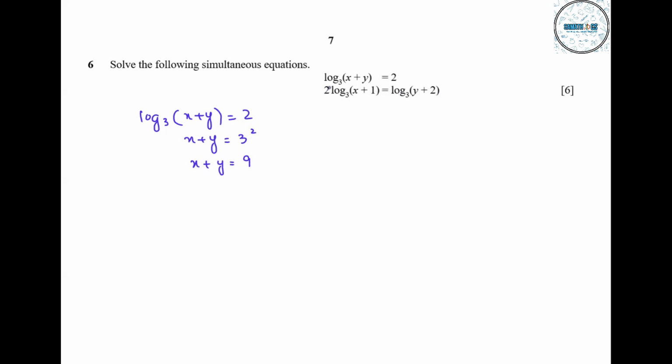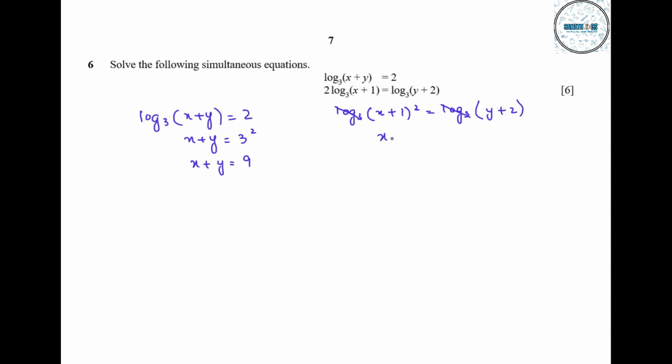We can make this 2 as power of x plus 1. So log base 3 of (x plus 1) whole square is equal to log base 3 of (y plus 2). We have here 2 logs of the same base, so we can cancel them out.